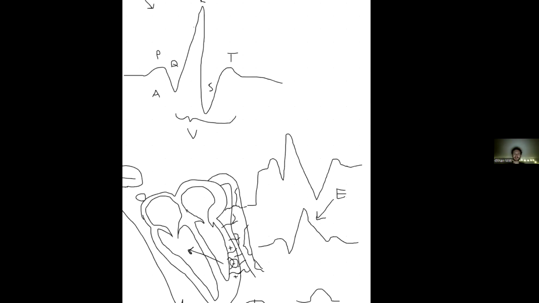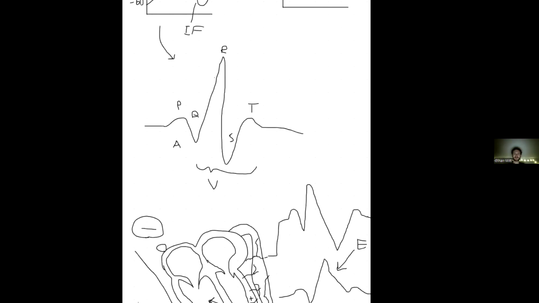And I think I forgot to mention earlier, this P wave is specific to the contraction of the atrium, whereas the rest of it is basically just the action of the ventricle that's doing all the work. The atrium is just the entry room of the oxygenated blood. The ventricle is kind of the star of the show.